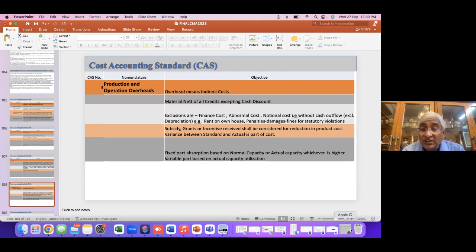So how has a cost to be absorbed? What are the classifications of that cost? Everything is specified. In your study material, you will find it is 4 to 5 pages at least for each standard. You may not get that much time for revision just 1 hour before the examination.